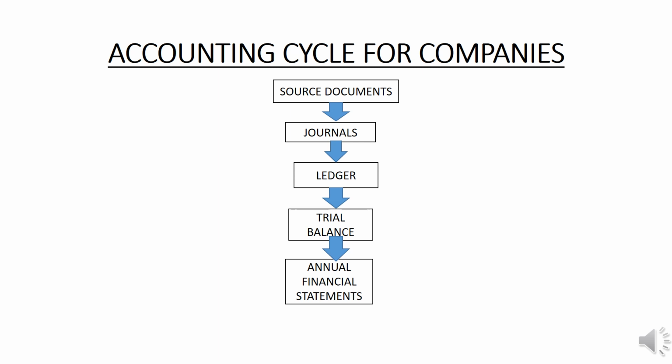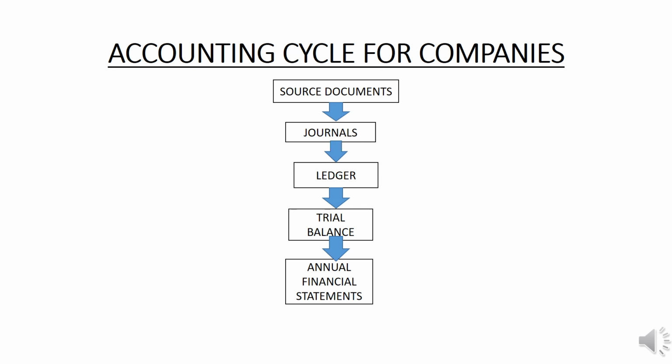Now, let us look at your annual financial statement. As the term suggests, it is annual, meaning that we record once a year. We can prepare this financial statement on a monthly basis, but once we call them annual financial statements, we are reporting for the whole financial year, from the beginning of the financial year until the end of the financial year.